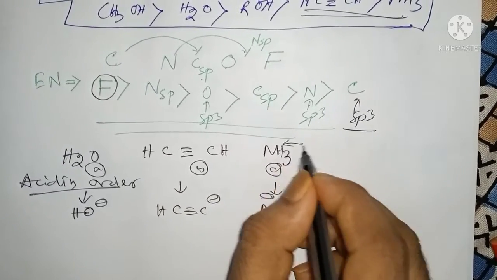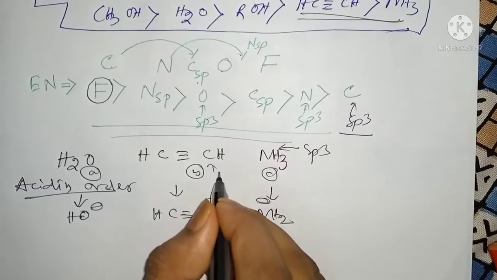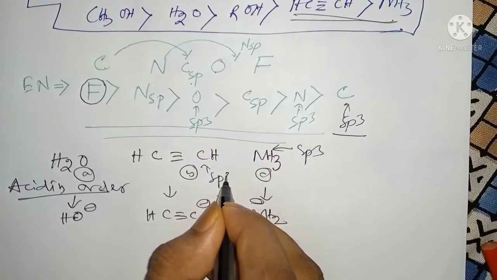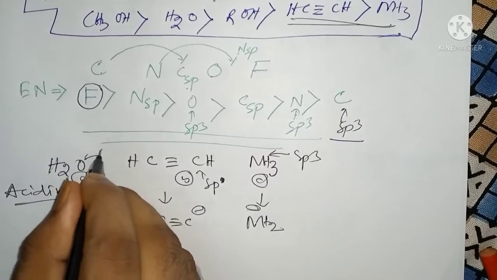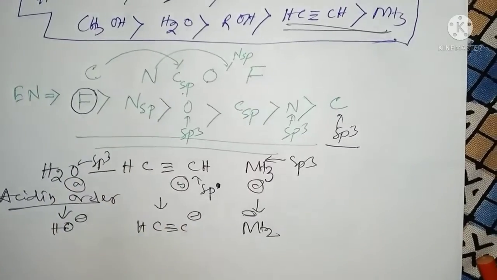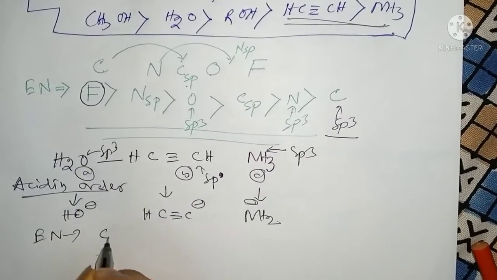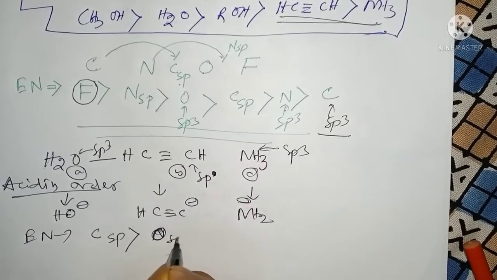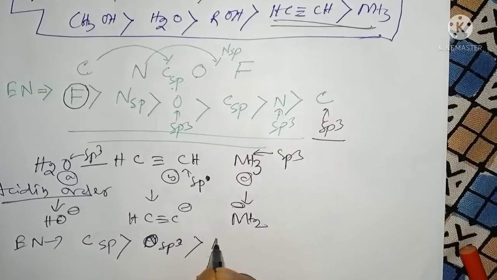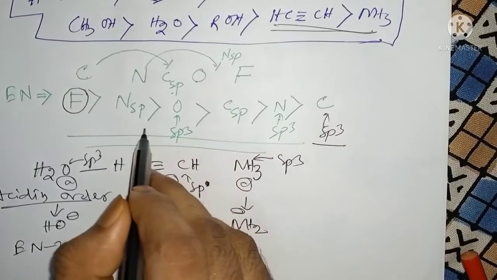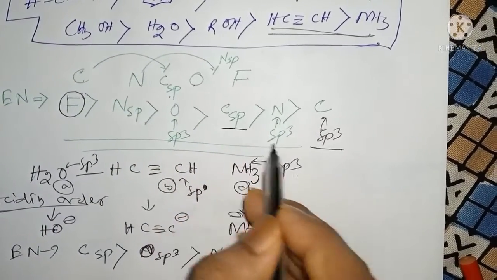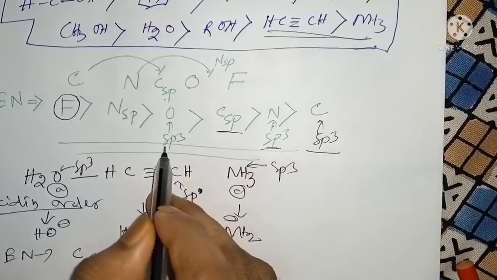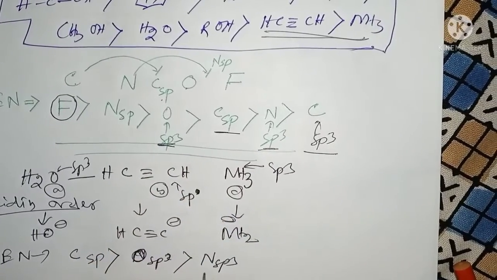This is sp3 oxygen, this is sp carbon, and this is sp3 nitrogen. We know the electronegativity order: carbon sp greater than oxygen sp3 greater than nitrogen sp3.